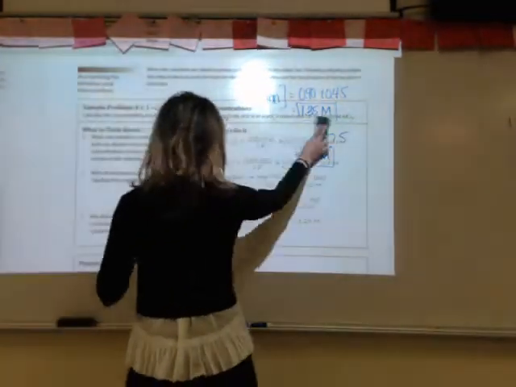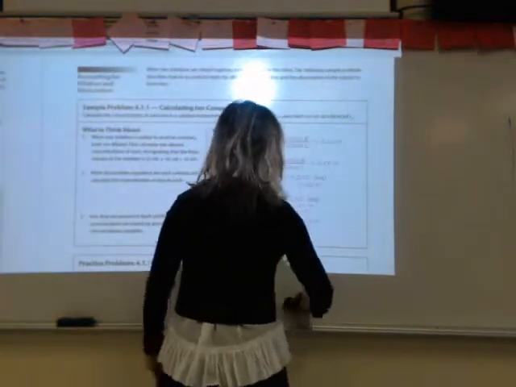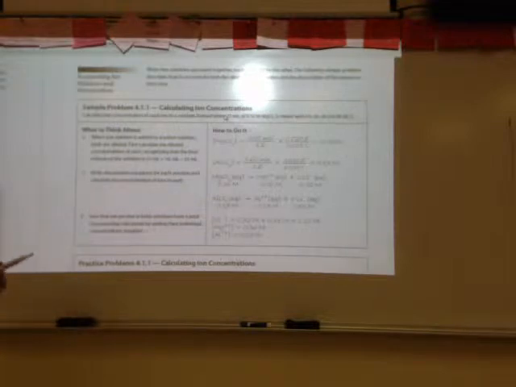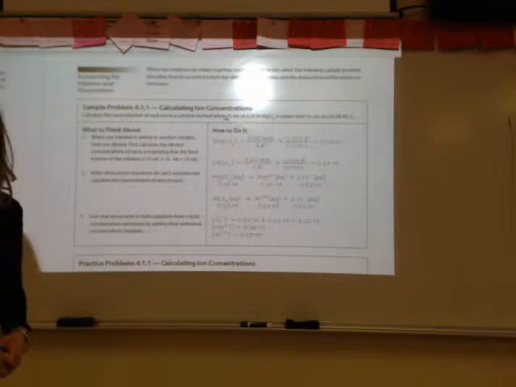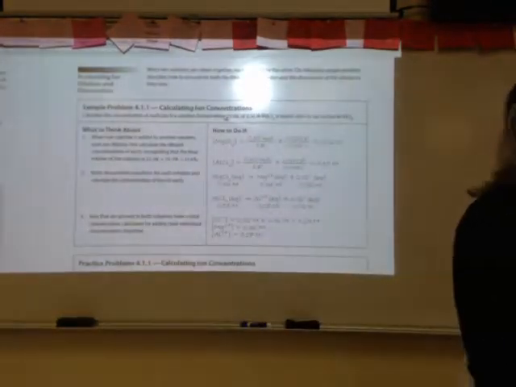Okay, sometimes you mix 2 solutions together, which changes your total volume. So you're really diluting a solution, and what I'm going to do is show you how to calculate ion concentrations if you mix 2 solutions together. Okay, so I'm going to skip the sample problem.